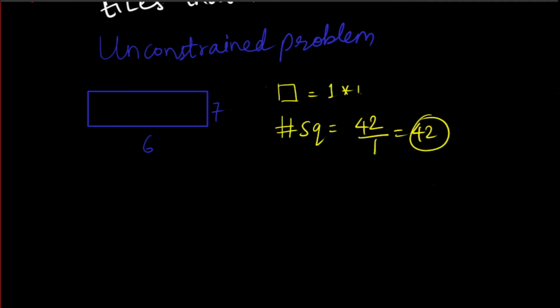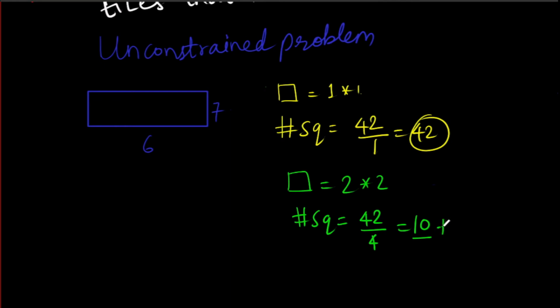And another scenario would be considering the square of size 2 cross 2. And there the number of squares would be 42 by 4, which means 10 squares would complete the area of 40, and the remaining area left would be 2, and this has to be covered.